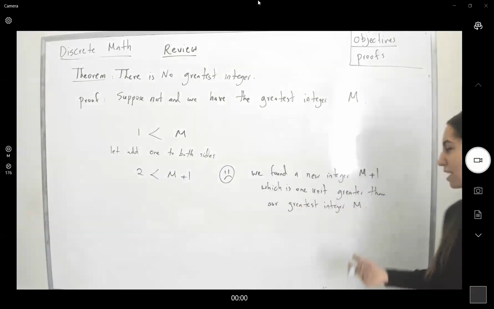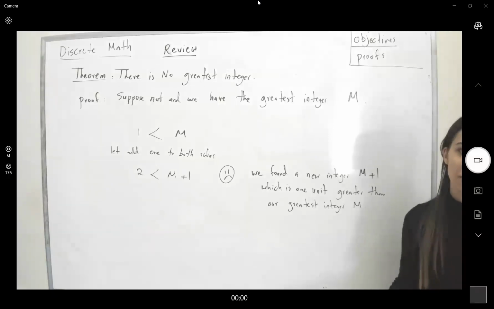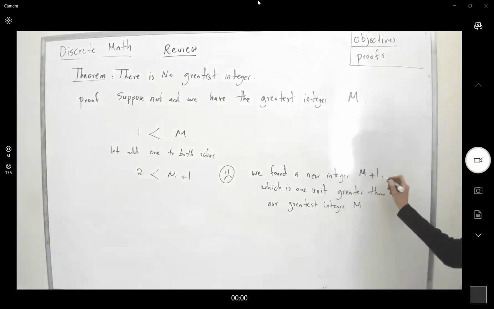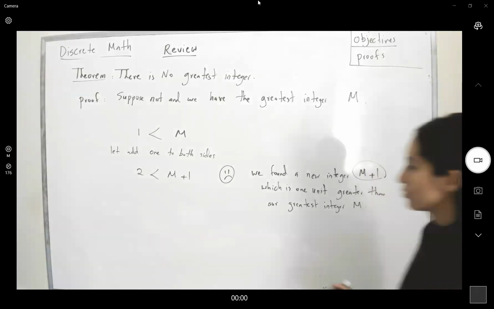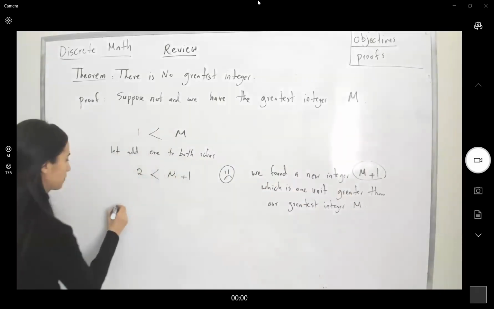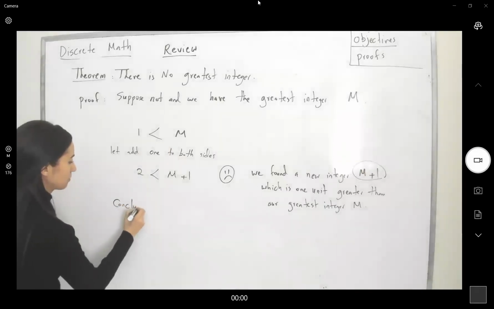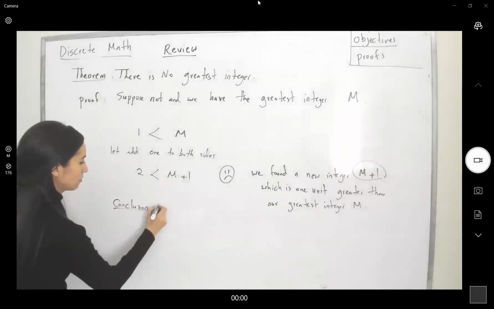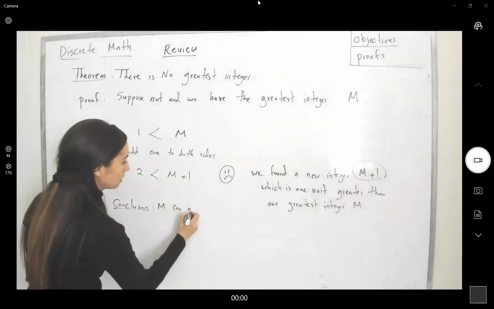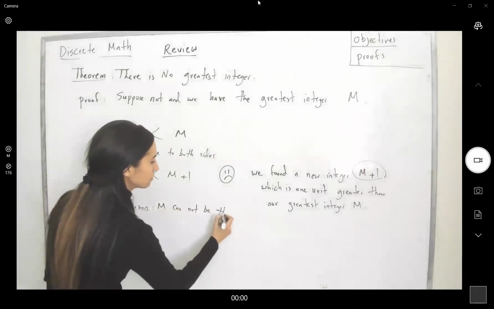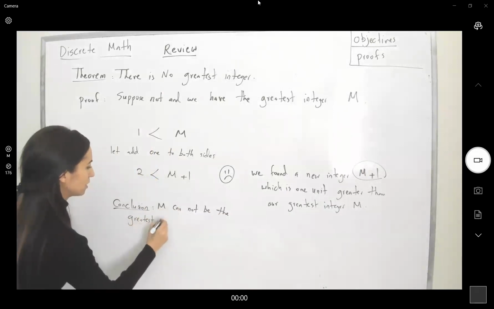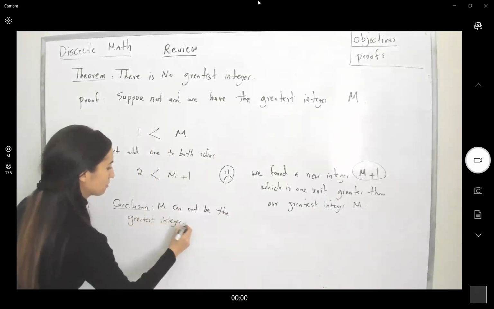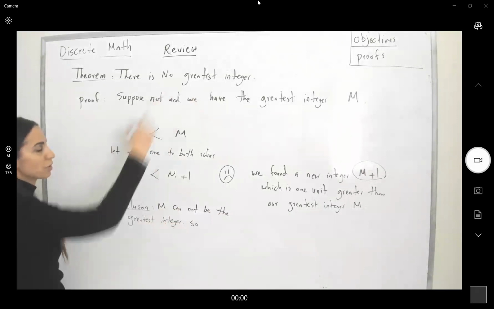So it means that m is not the greatest integer. We found another number which is greater than our greatest integer. So the proof is done. Conclusion: m cannot be the greatest integer. So the theorem is proved.